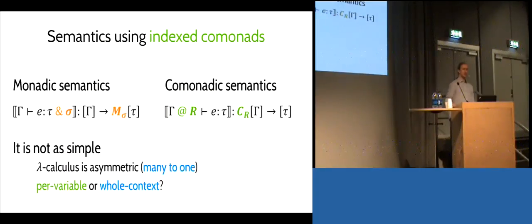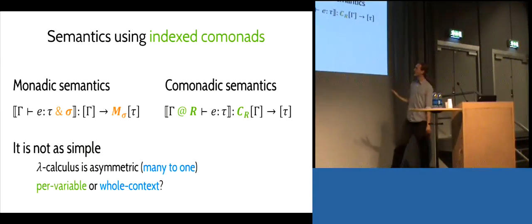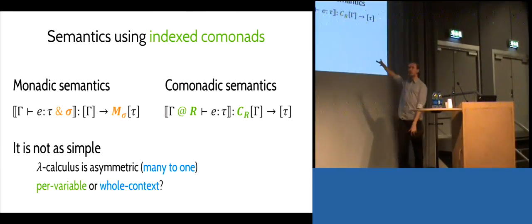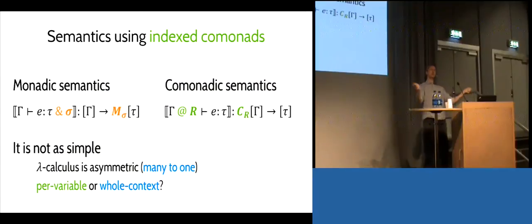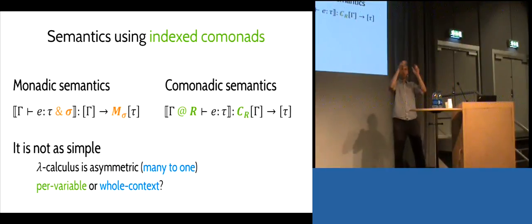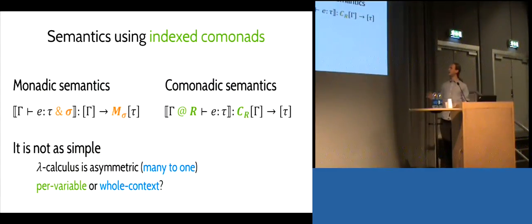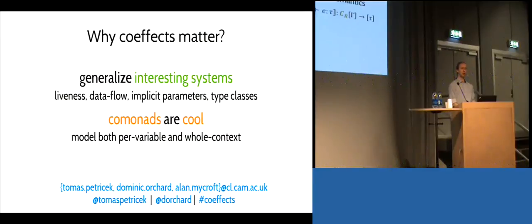But the reason why this is not simple is that lambda calculus is actually asymmetric, in that the input structure is a product of variables, so it's a lot more complicated. And to get the structural thing where we have a vector of annotations, you might actually want to say, given a vector, I'll define some data structure where each part of the product has a different thing over it. And it's sort of generalized to work for both the pair variable and whole variable context cases.